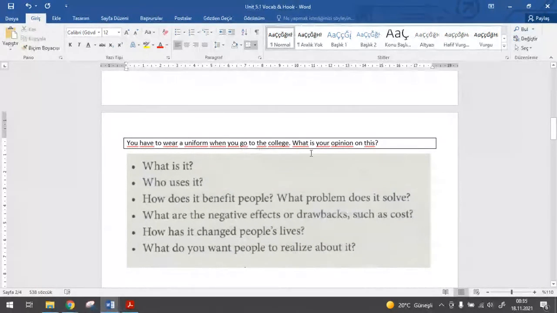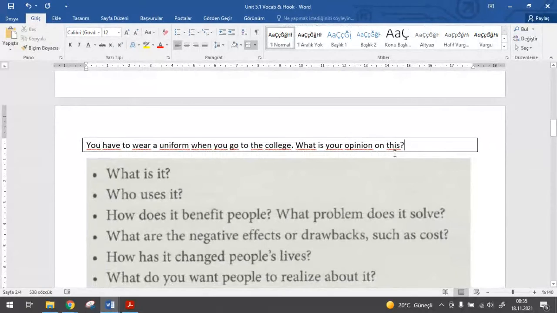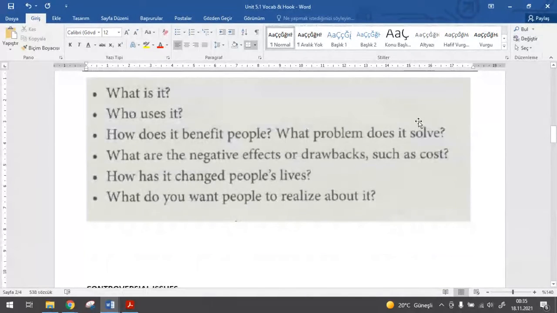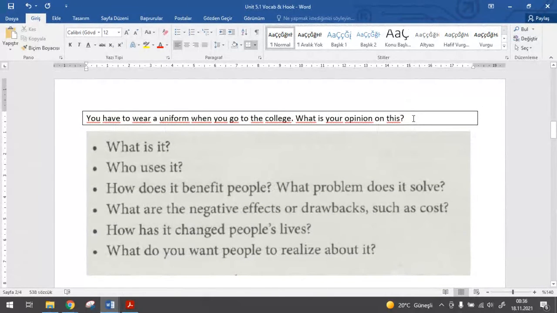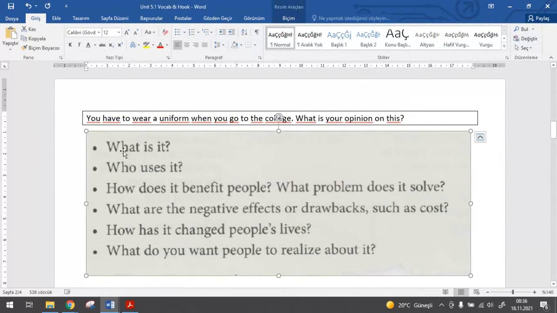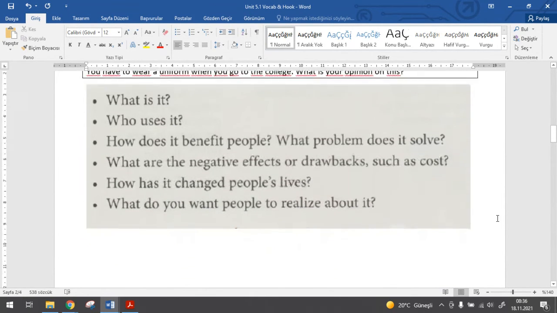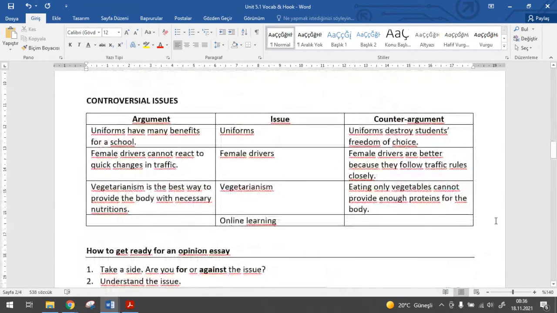You have to wear a uniform when you go to the college. What is your opinion on this? Okay, so to think about this task, actually you should think about these questions. These questions will help you write more effectively.